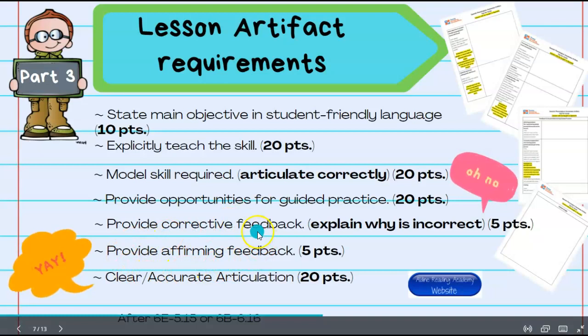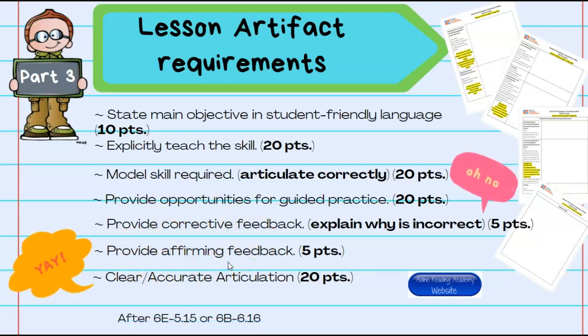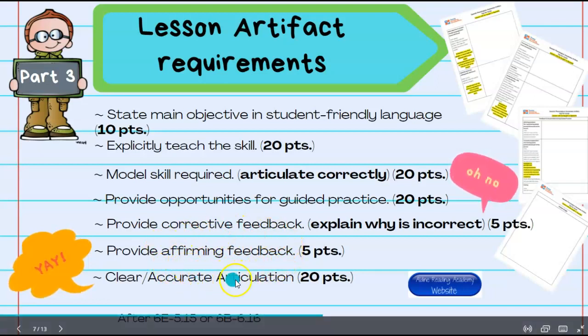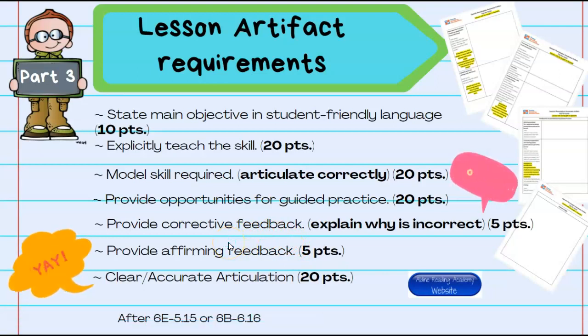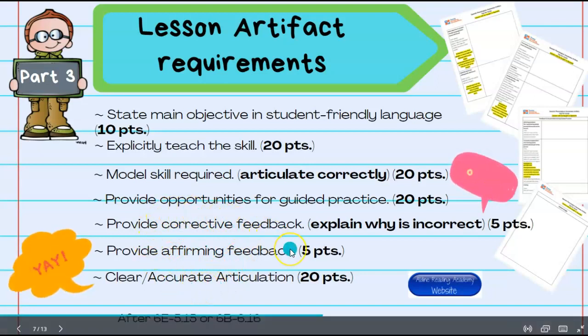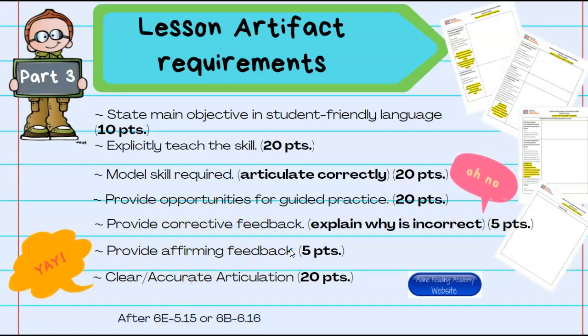Then for the next word you use, or have your students practice with, you're going to make sure to include an affirming feedback moment. That's just a moment where you tell your students that they got the answer correct. So how would you tell them that? You need to make sure you script both of those instances in your we do part of the lesson, or the guided practice part of the lesson.